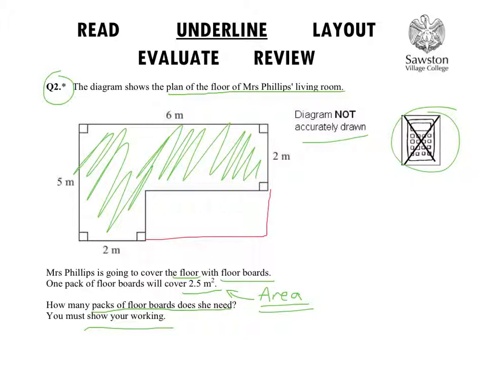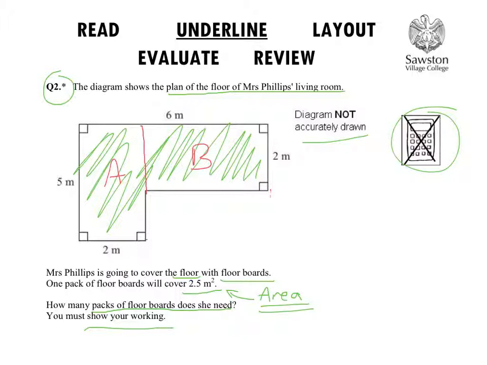The next option is, rather than doing that, you could split into 2 rectangles, A and B, work those out and find the areas.